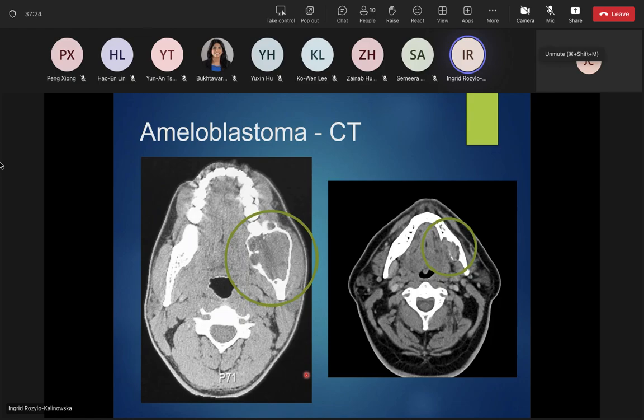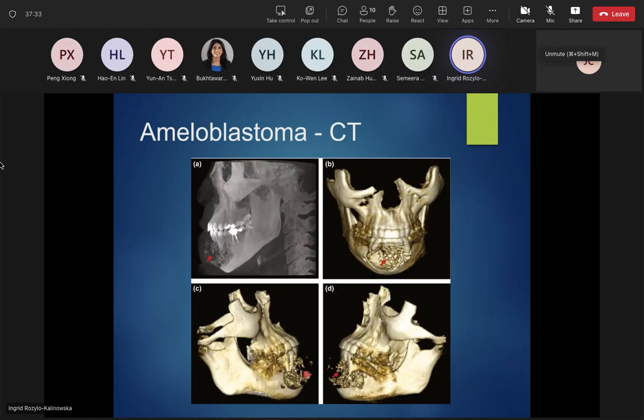Here I have three-dimensional reconstructions from an examination obtained in a patient with ameloblastoma, and you can see that it's confirmed. I'm telling you that this was confirmed by histopathology, but you can see that the location is anterior mandible, quite contrary to the typical location for the tumor, so expect the unexpected always.